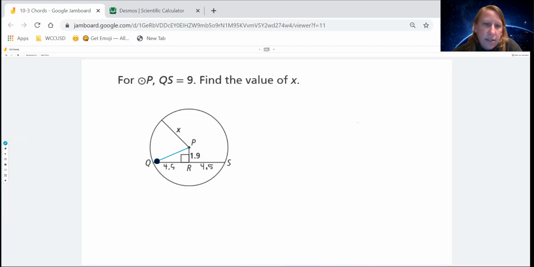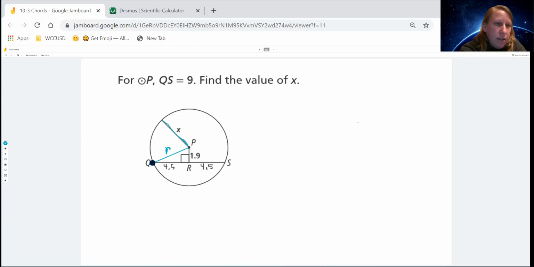What is this? This is a radius, isn't it? Isn't this also a radius? So these are both radii. Okay, which means that if I can solve this right triangle for this hypotenuse, and find out what r is, the radius, that's the same as x. So if I can find this hypotenuse, I've figured out this problem.